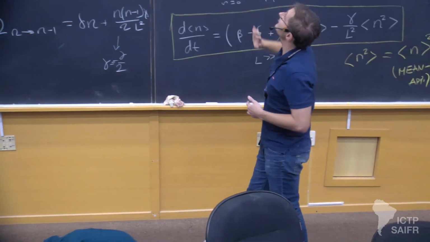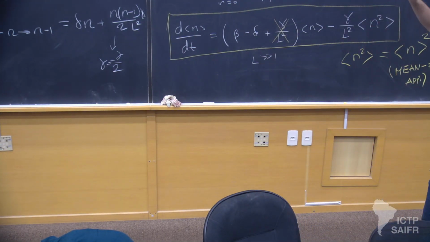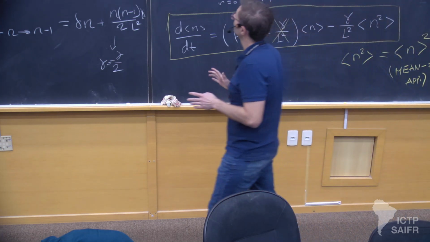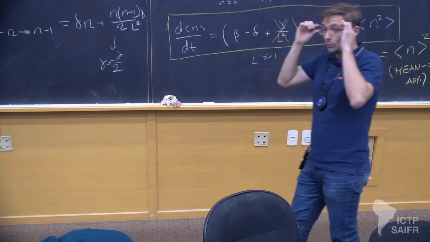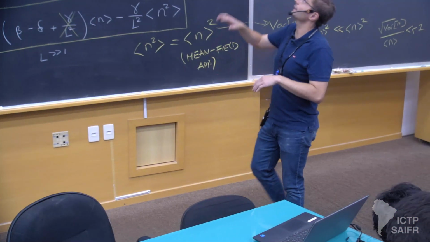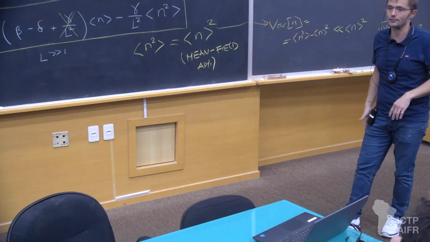Notice that this is density. 10 is, because of the parameters I chose, beta minus delta divided by gamma, okay? And the only thing I'm doing is I have the same parameter values, but L squared is different. L squared in one case is 200, and in the other case is 36, for example.